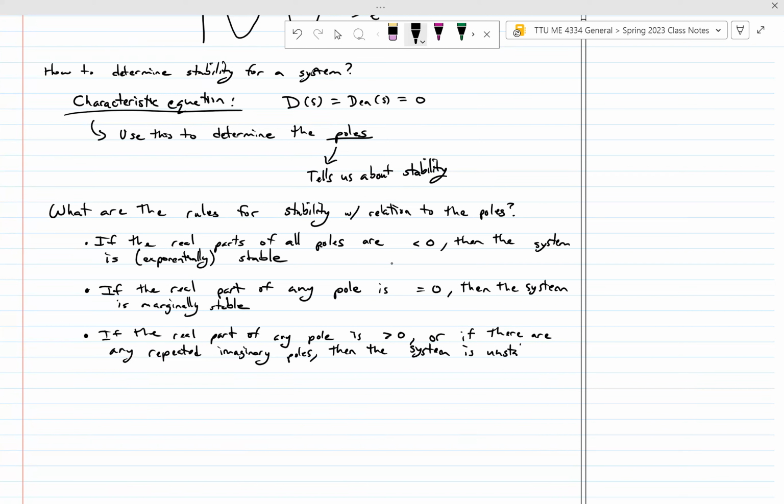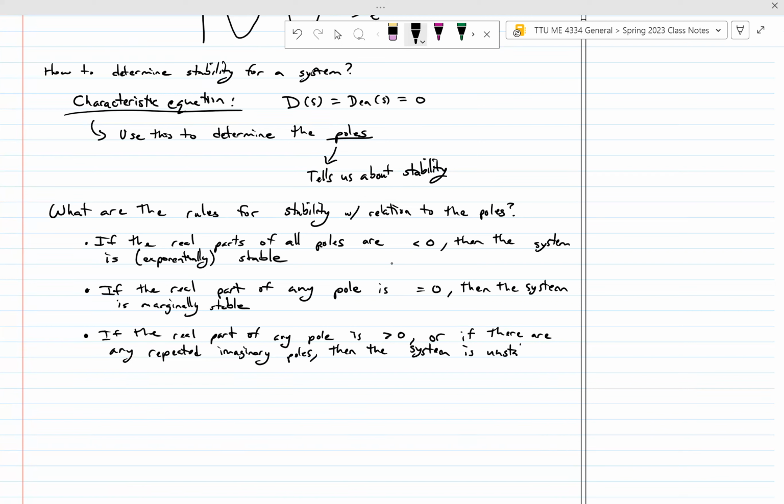All it takes is one, because that one will become the dominant one. If everything else has a real negative part, they're going to 0, but we have one that's shooting off to infinity. We can't cancel that out. The dominant one is the one that's going to be positive, regardless of how big or small that number is. A real positive part automatically makes it unstable.